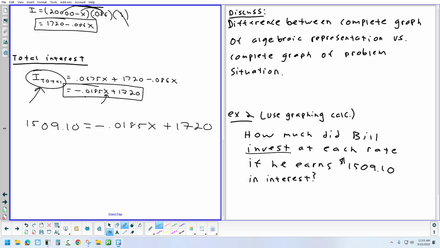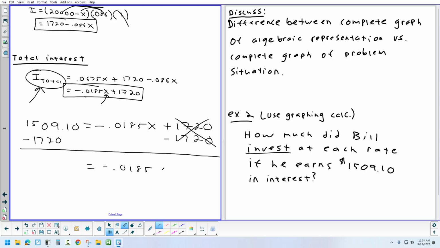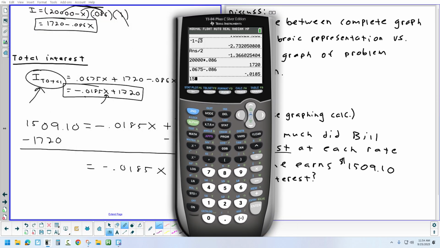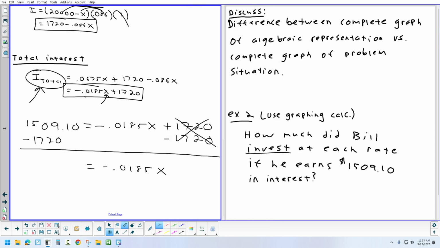Yep. Subtract 1,720. For now, the negative 0.0185x is just going to stay right where it is. And take 1,509.1 minus 1720. Okay, negative 210.9.